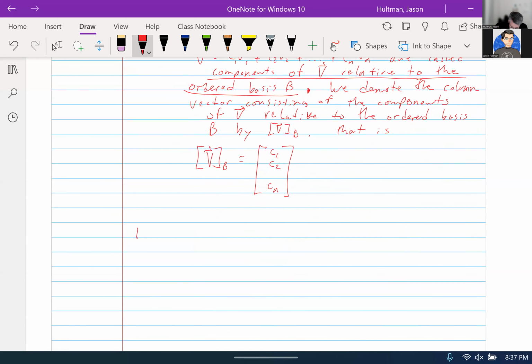Okay, so number one, determine the component vector of V equals 1, 7 in R2 relative to the basis B equals 1, 2 and 3, 1.